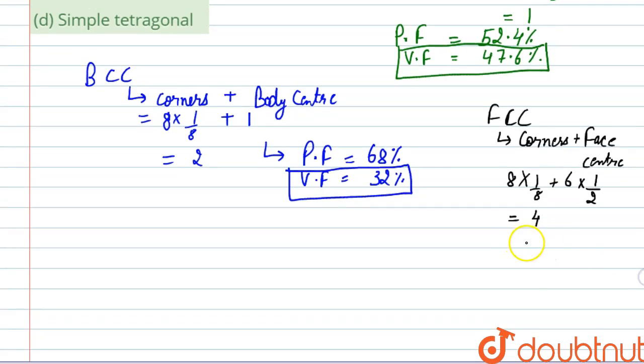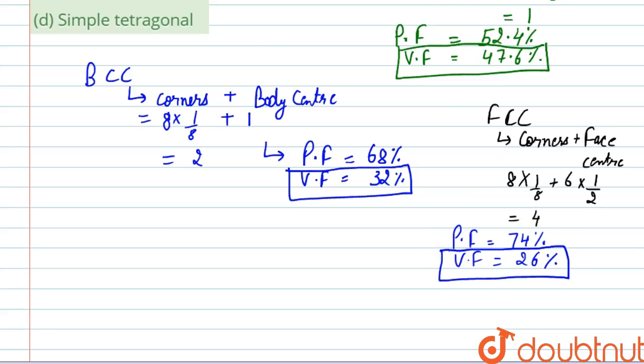The packing fraction in case of FCC is 74% and the void fraction will be the remaining, that is 26%. This is of FCC.